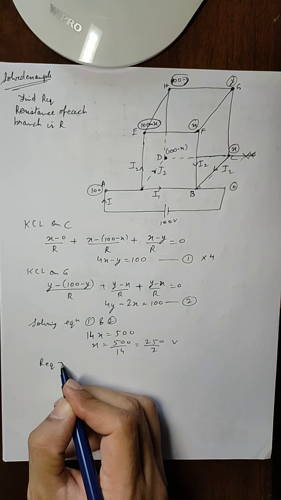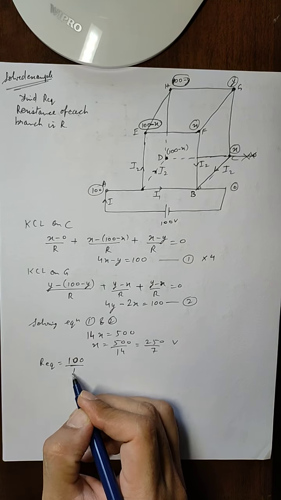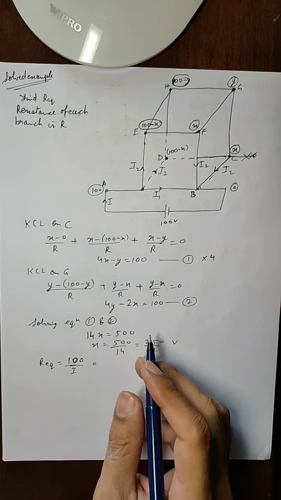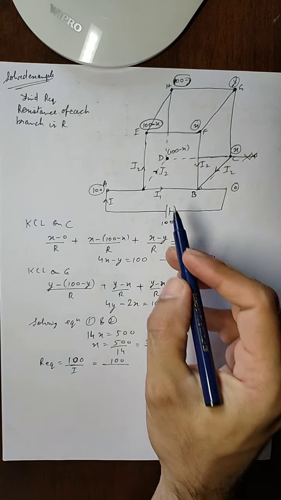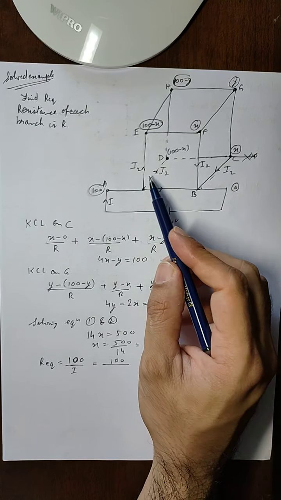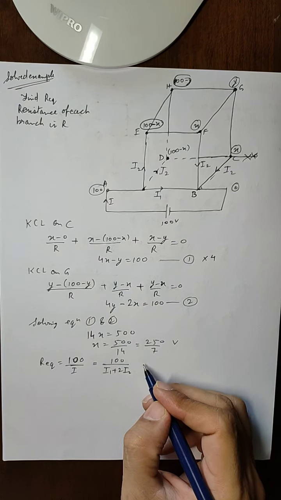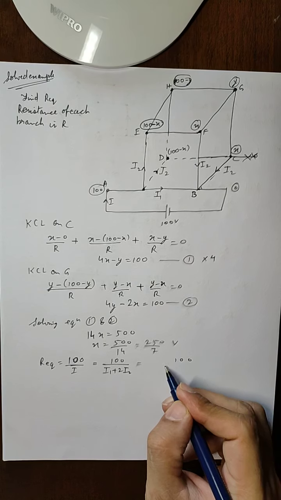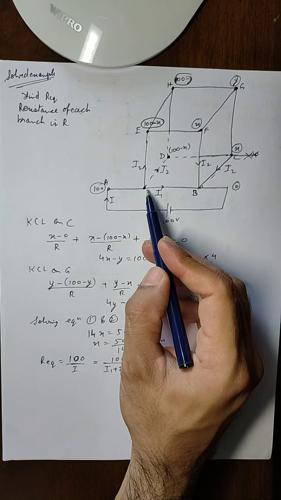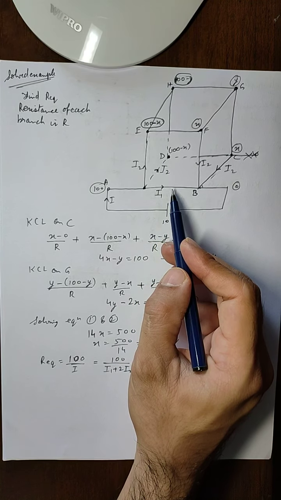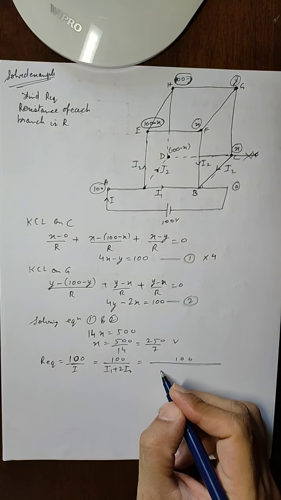Now R equivalent is equal to V by I, or 100 by I. As we can see, the value of I is equal to I1 plus 2I2. So I'll write it here, I1 plus 2I2. And I'll substitute the values of I1 and I2 directly. So I1 we already did, that it is equal to 100 by R, because the potential difference here is 100.